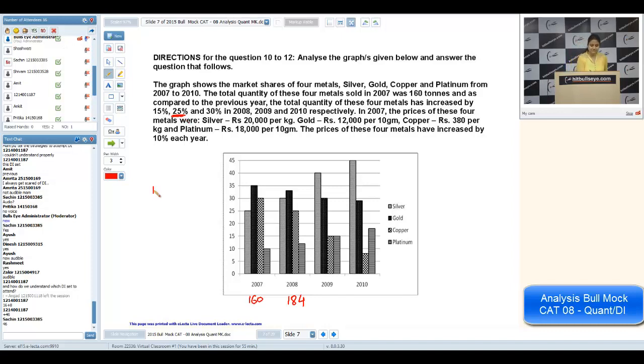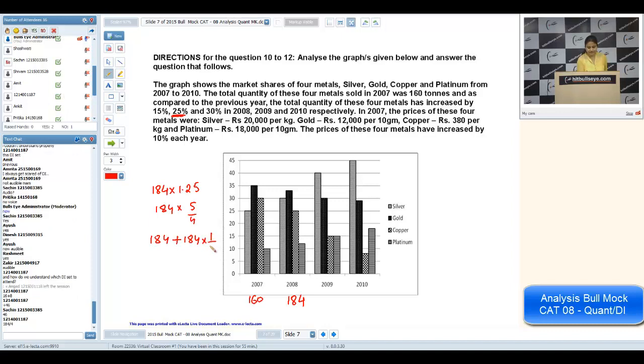See, we can do in this way as well. Now we can calculate this thing. It will be 46. If I calculate this, now the 2009 data, it will become 230.